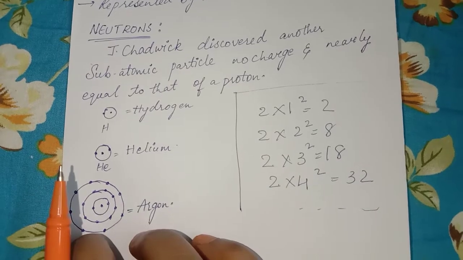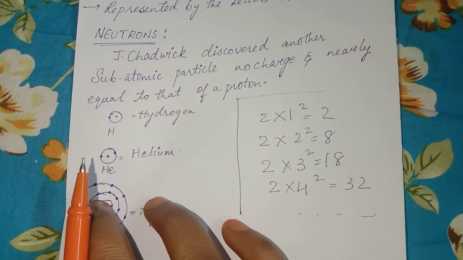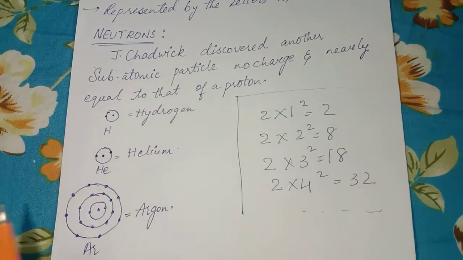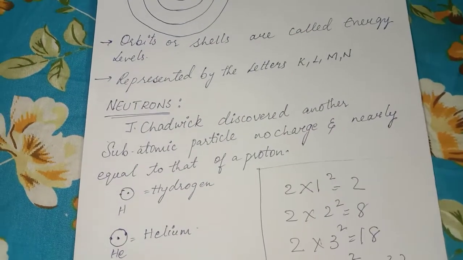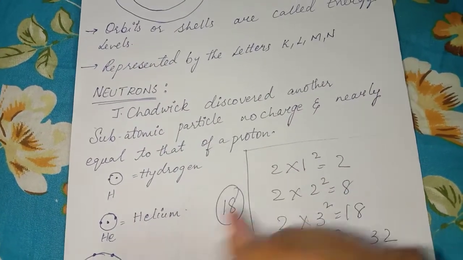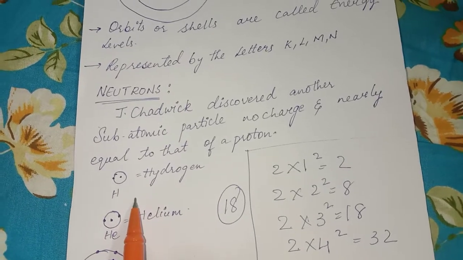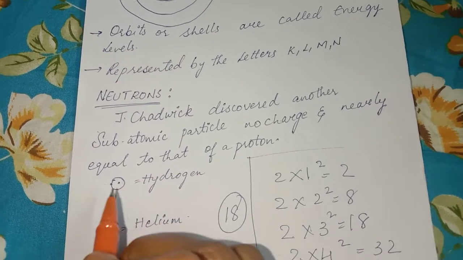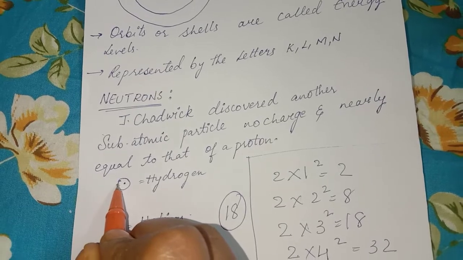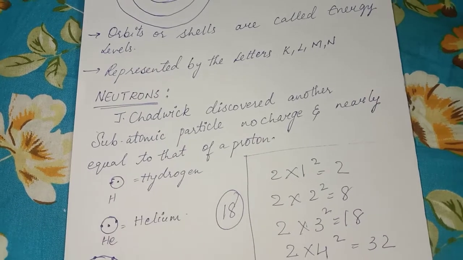So let us see the first 18 elements. Let us see hydrogen, the first element, where you can see only one atomic number.